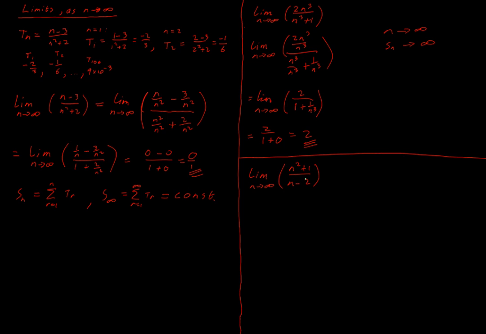Now, finally, we are going to do the same thing here. So we have the limit as n tends to infinity, and we know what we're going to do. We're going to divide above and below by the highest power of n.